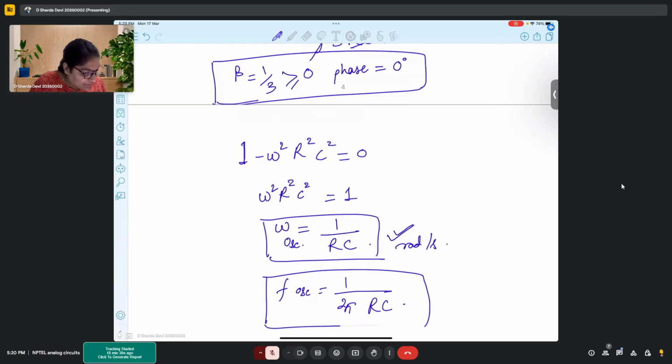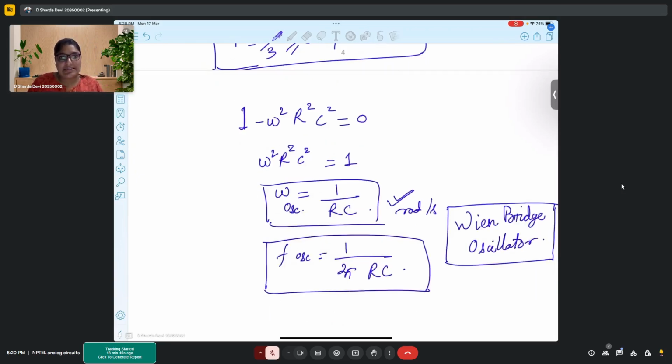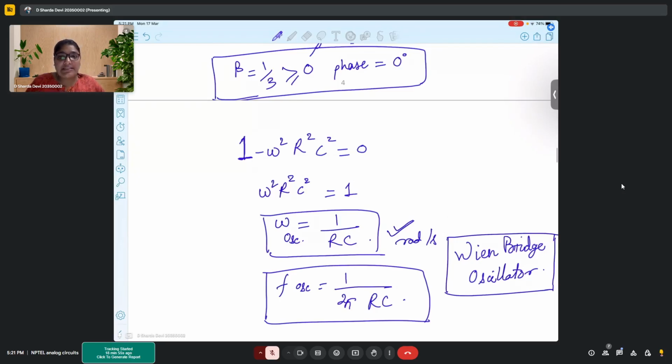So the frequency of oscillation for the Wien bridge comes out to be 1 upon 2 pi RC. Is this clear to everyone? Any doubts in this?